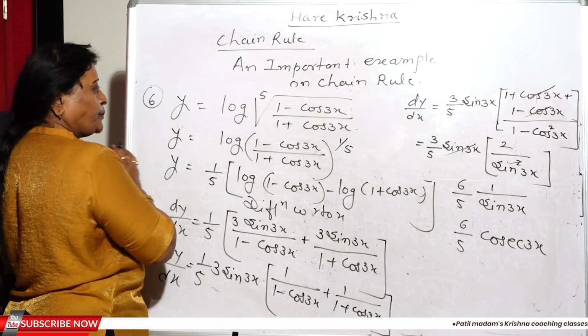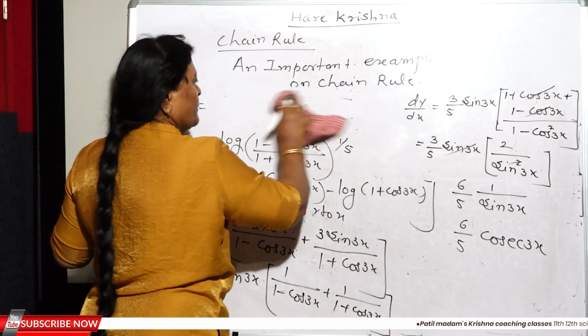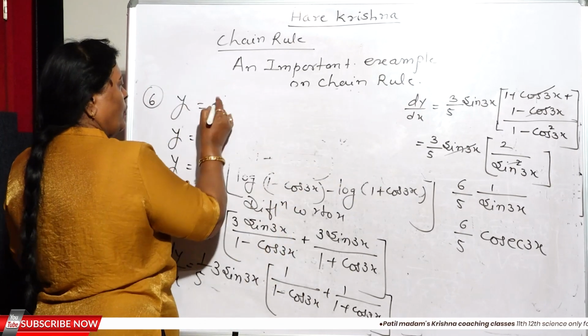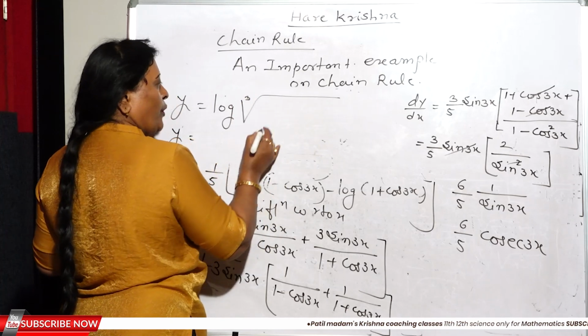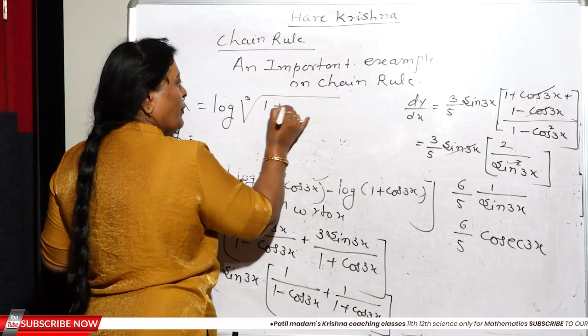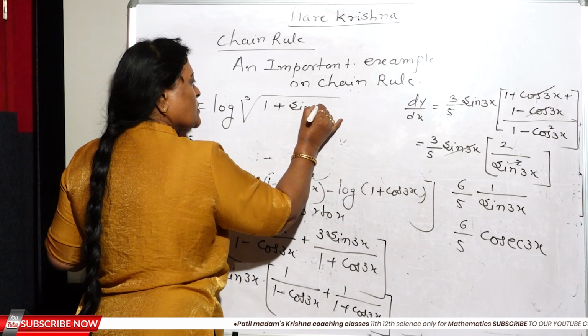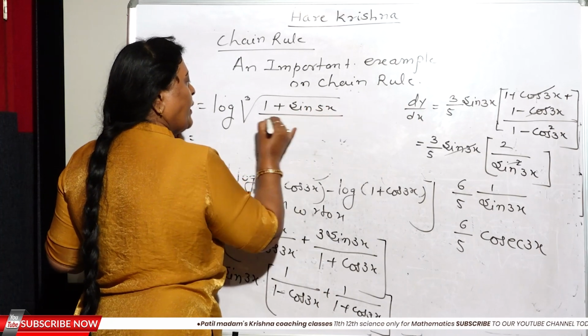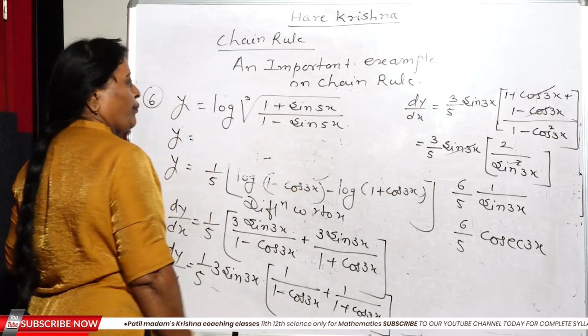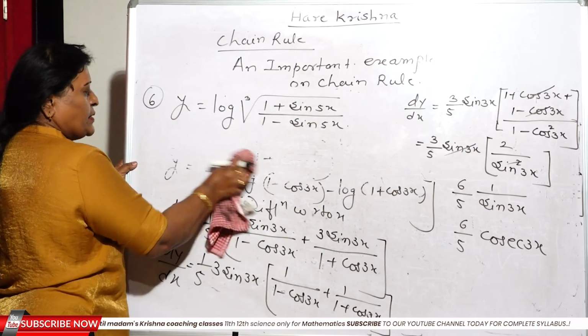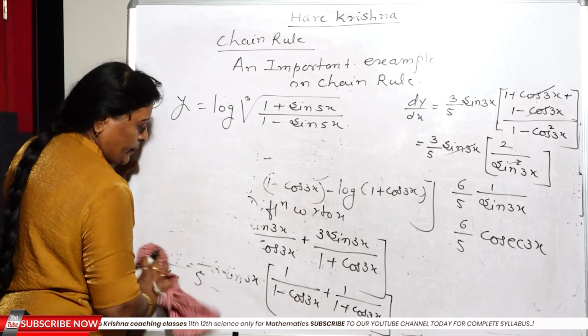See here. y is equal to log of cube root of 1 plus sin 5x divided by 1 minus sin 5x. Right? See, the same procedure you have to follow.